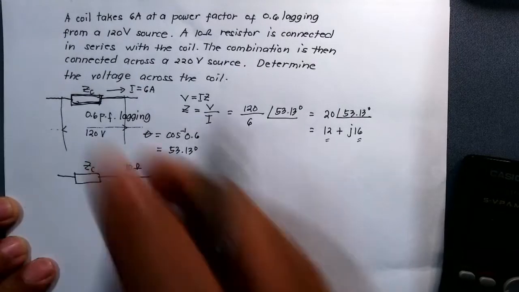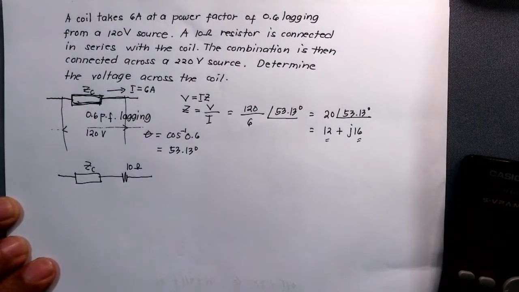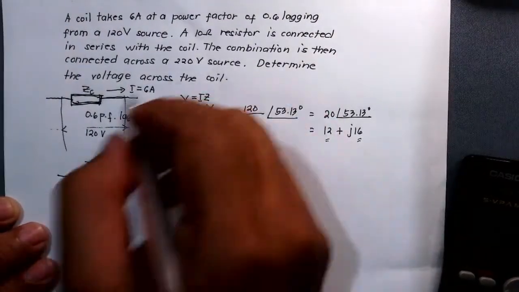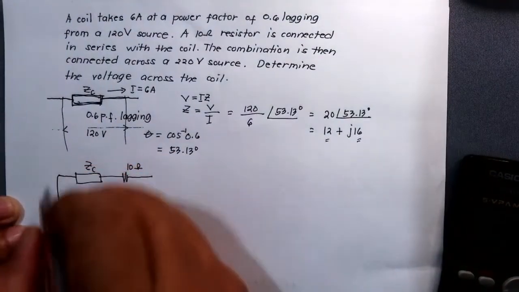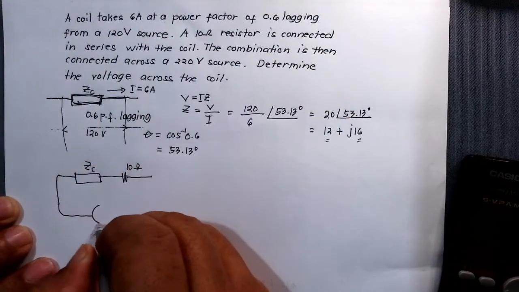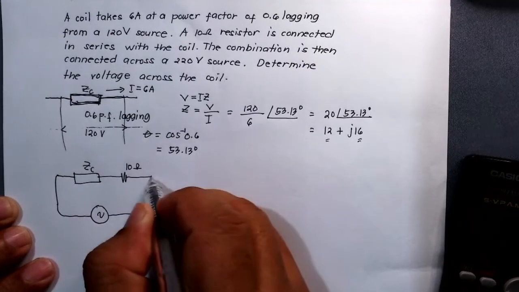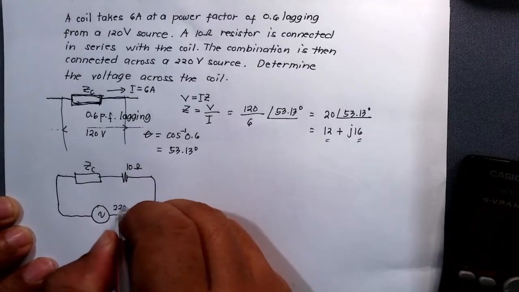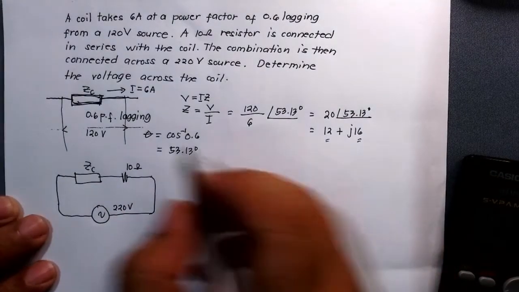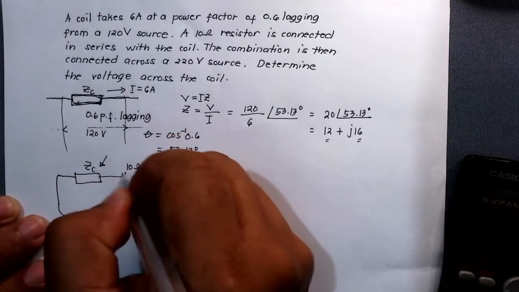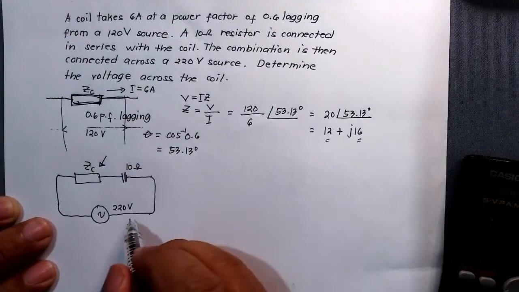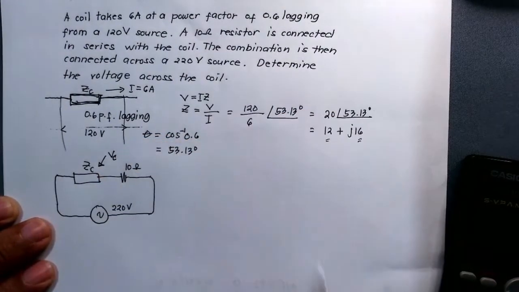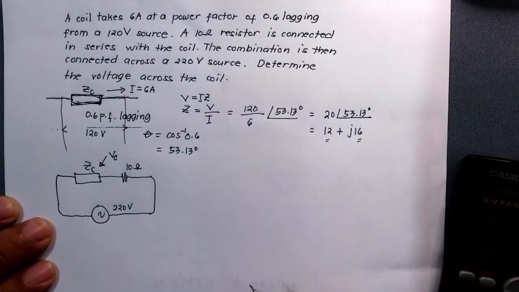The problem says that this circuit is connected across a 220 volt source, so I'll draw the source here. What we are looking for is the voltage in this coil after it is connected to the 220 volt source. So let me name this VC, so we are looking for VC.